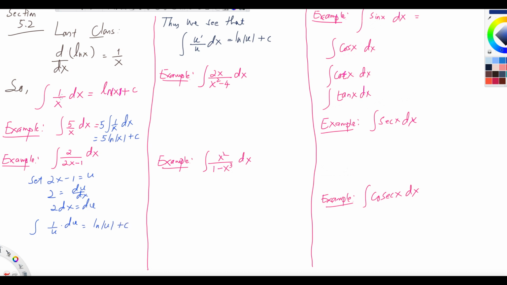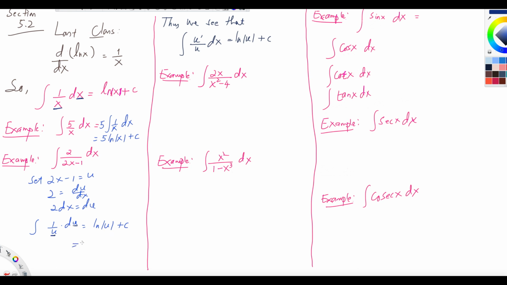Because of that formula, if you have 1 over x dx, you see that this matches. Here u matches with x and du with dx. So you can write natural log of the denominator function plus c. But your question was in terms of x, so you want to substitute back. So u is 2x minus 1.